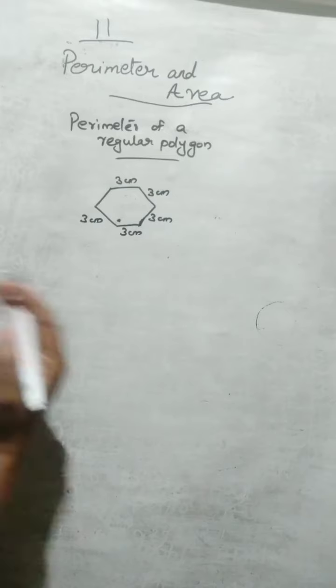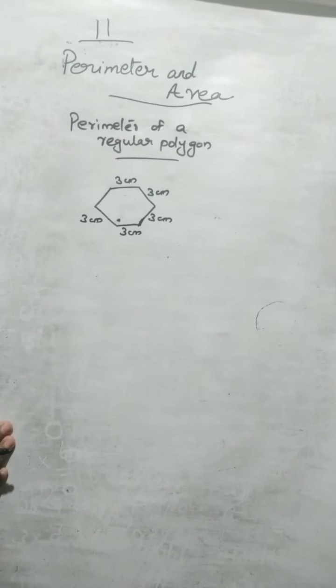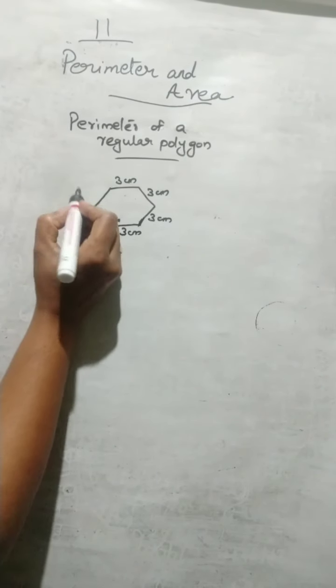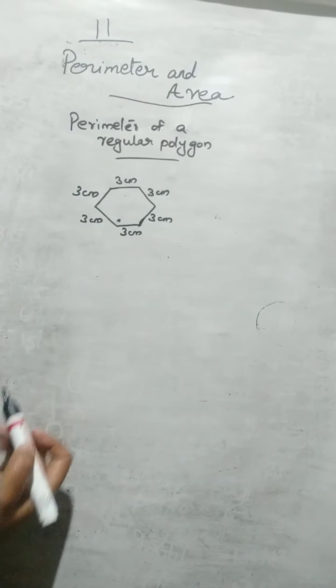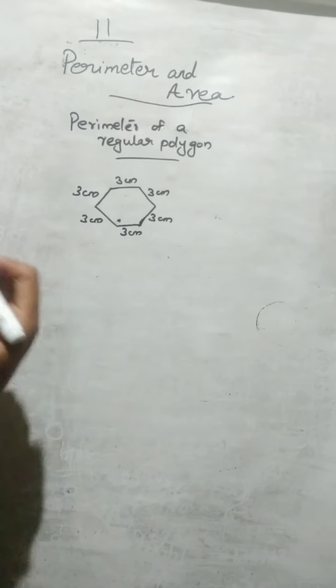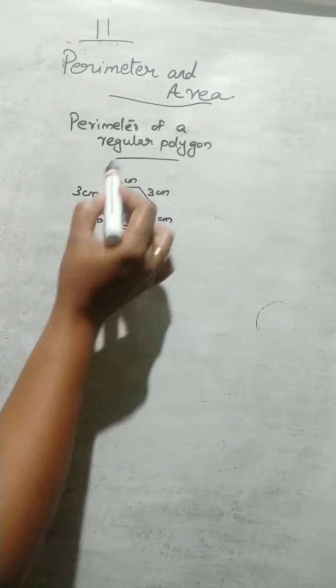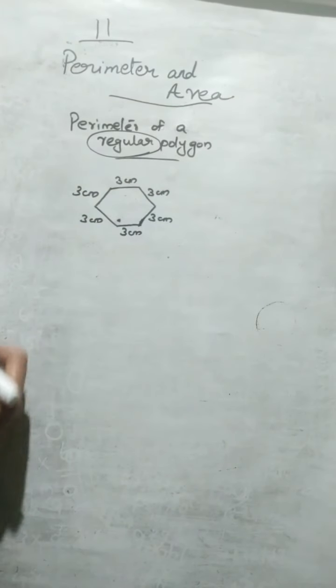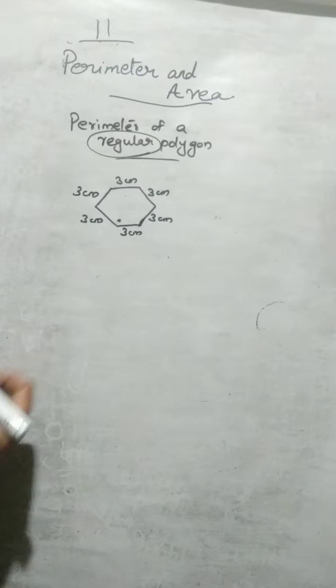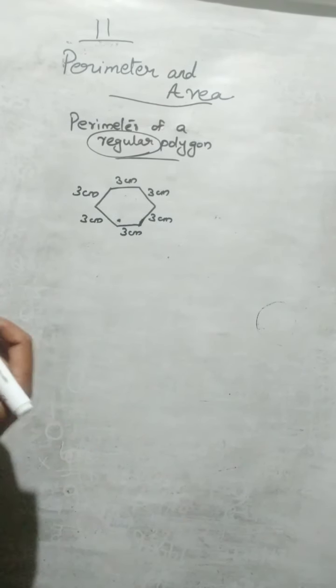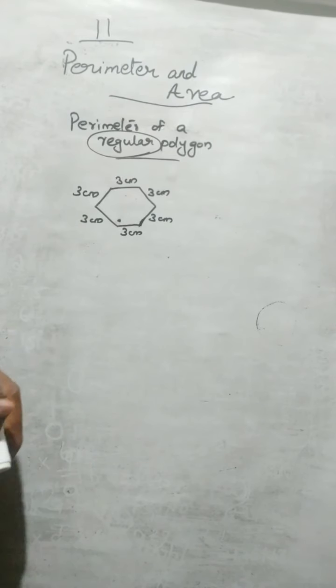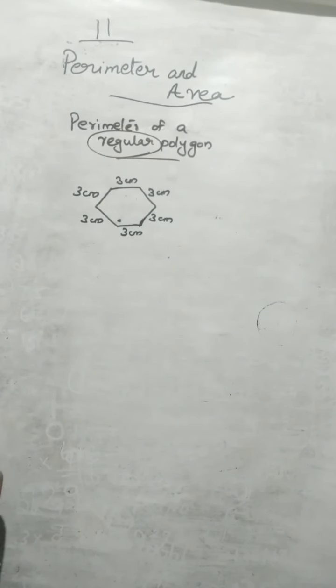If it is 4 centimeter, all sides will be 4 centimeter in length. That is, all sides are equal in length. The length of each side is the same. Then that is known as a regular polygon. If the sides are different in length, that is an irregular polygon.